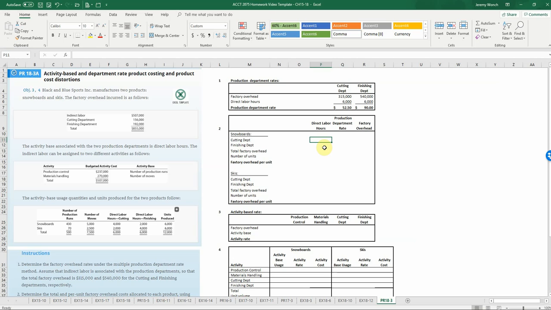For snowboards, for direct labor hours, the cutting department has 4,000 direct labor hours right here, and the finishing department right here is 2,000.